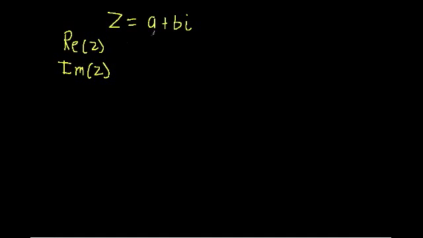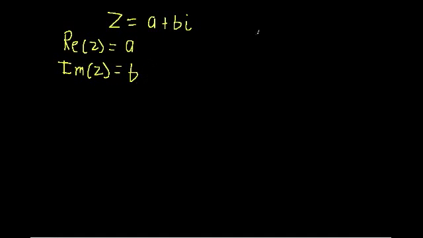Now if something is already in standard form, then finding the real part and the imaginary part is easy. In this case, the real part is just a, and the imaginary part is just b. And we stressed in the last video that although bi is the imaginary number, it's just this constant b, which is the imaginary part. We don't include the i term.